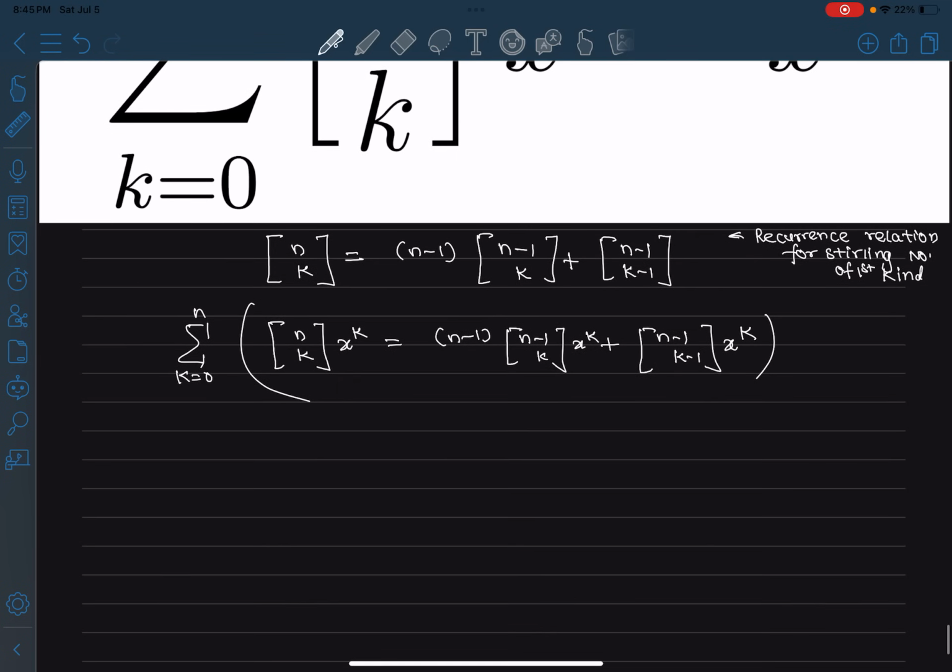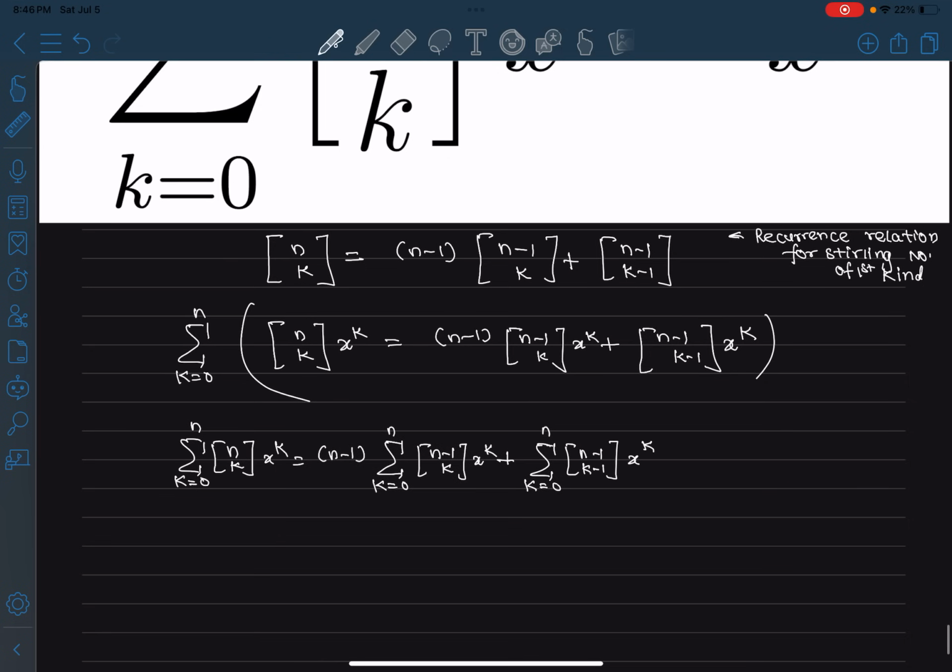So it becomes the sum from k equals 0 to n of [n, k] x to the power k, which equals, now n minus 1 is just a constant in the sum since the sum is over k, the sum of (n minus 1)[n minus 1, k] x to the power k plus the sum from k equals 0 to n of [n minus 1, k minus 1] x to the power k.